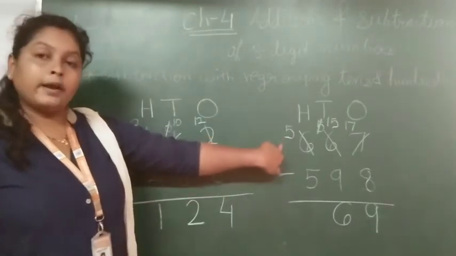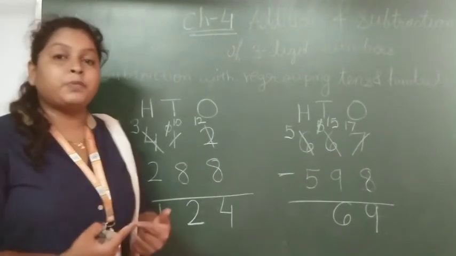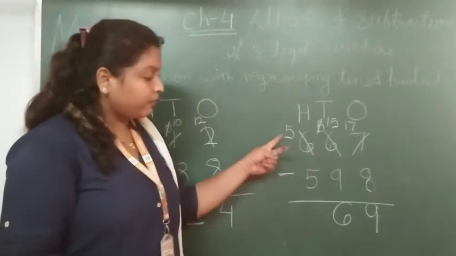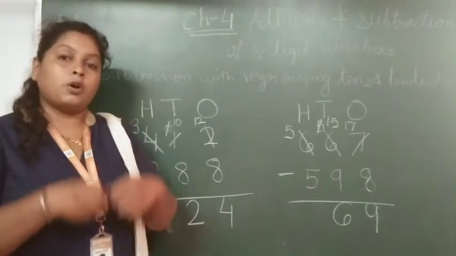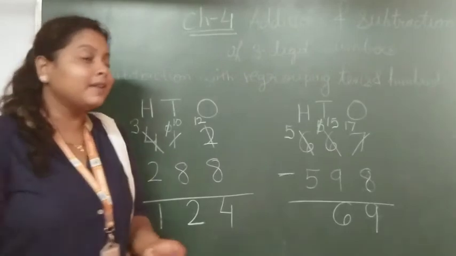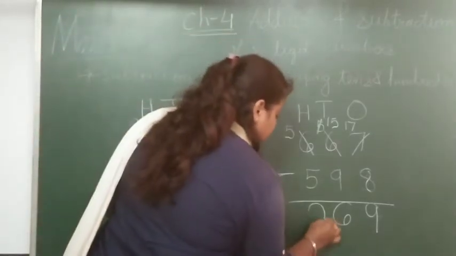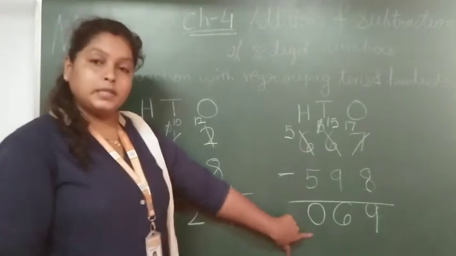Now moving to the hundreds place, 5 is here and 5 is here. If you subtract two similar numbers, 5 minus 5, you are having 5 chocolates and you have eaten all the chocolates. 5 ke 5 kha gaye. What will remain? Nothing. That means if you subtract the same number, then you will get 0 over there.